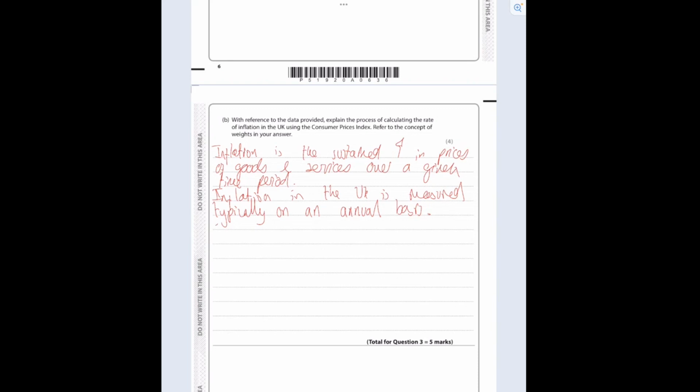The CPI is calculated using a basket of goods and services purchased by the average household.